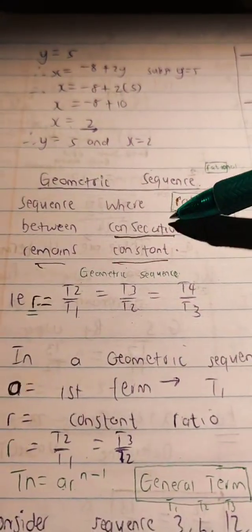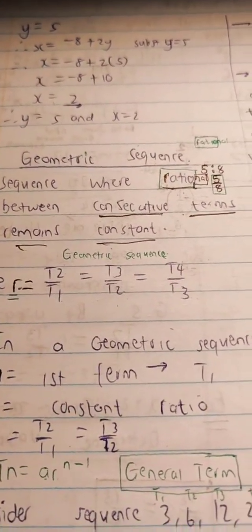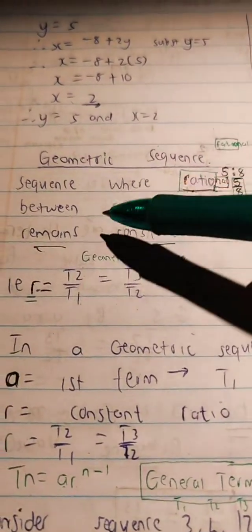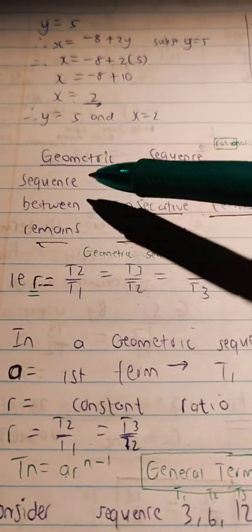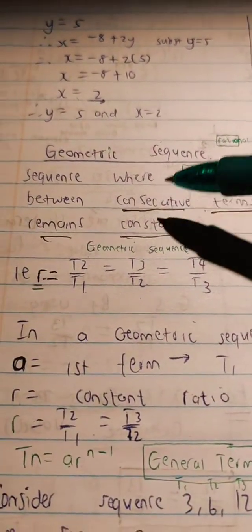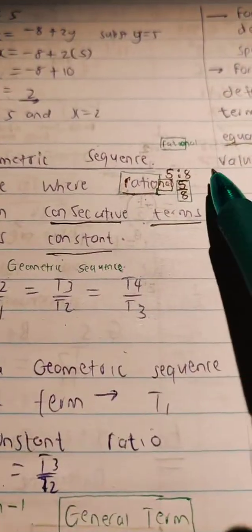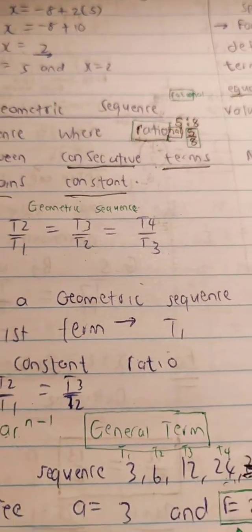This word consecutive is just a big word that means one number after the other in a sequence. So consecutive terms just means terms that follow each other. We say that the geometric sequence has a constant ratio. What is a ratio? A ratio is a fraction. In simple terms, a ratio is a fraction.